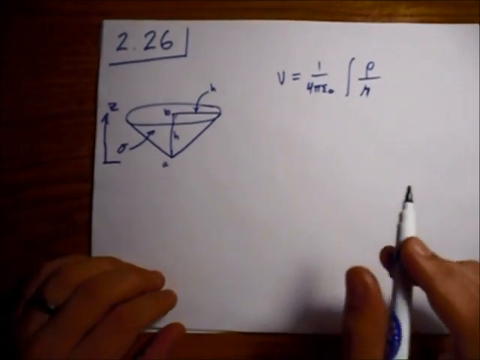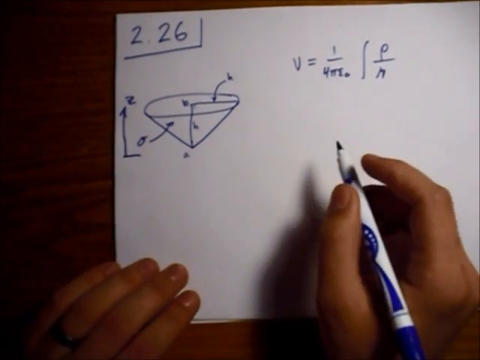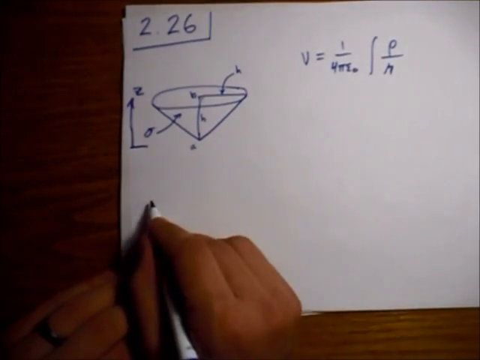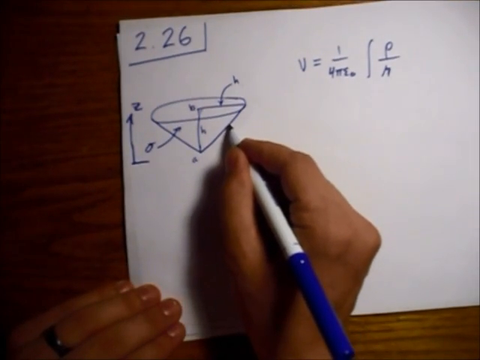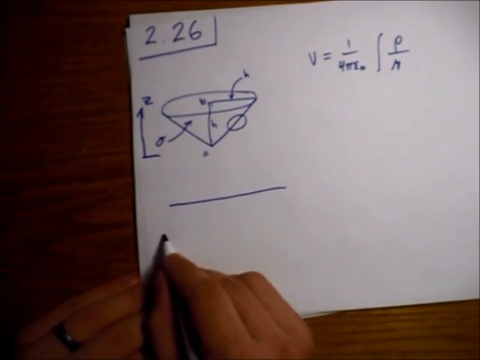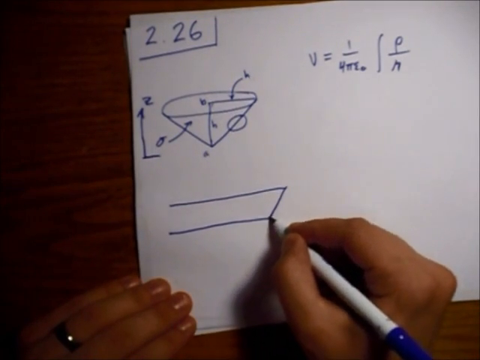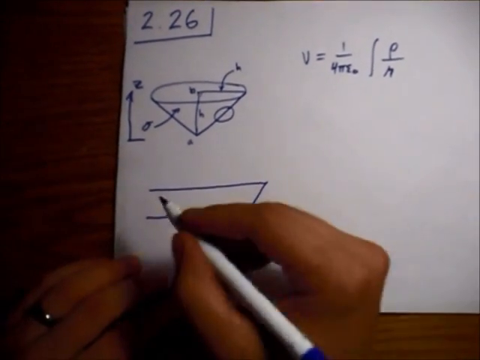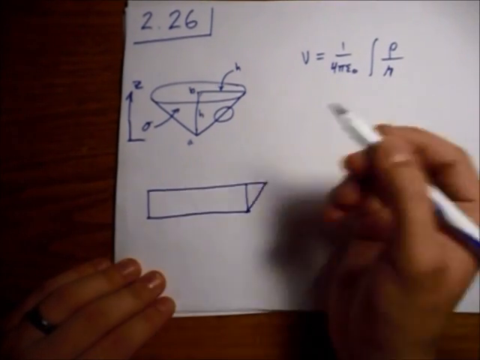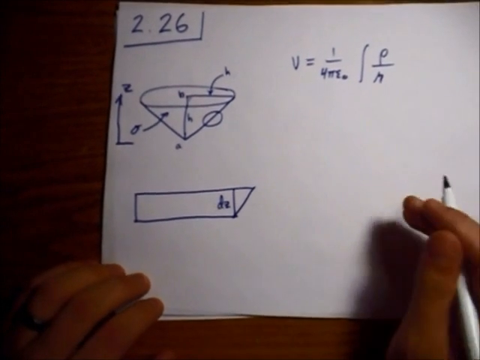Alright, so if I were to zoom in just at the edge, let's zoom in at a spot like right here. I'm going to take a slice of this cone, and the height of this slice, which would be the same on either end, is going to be dz.